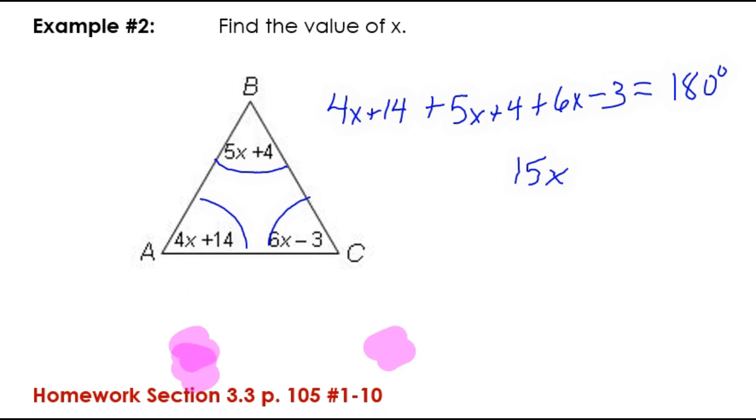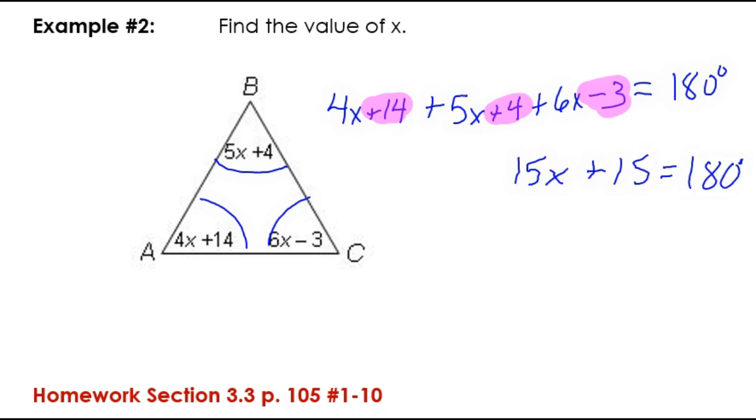Next, I see that I have a plus 14, a plus 4, and a minus 3. So let's work that part out. 14 plus 4 is 18. Minus 3 will give me 15. So plus 15, and that's equal to 180 degrees.